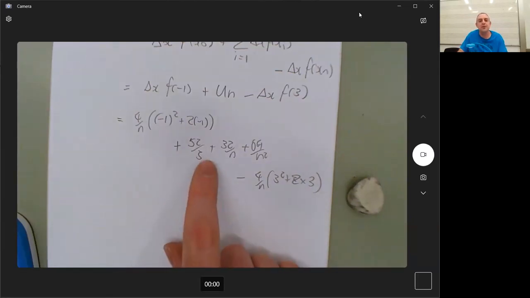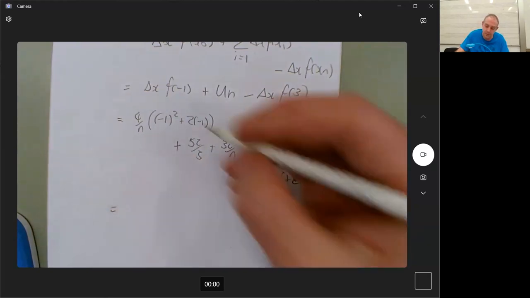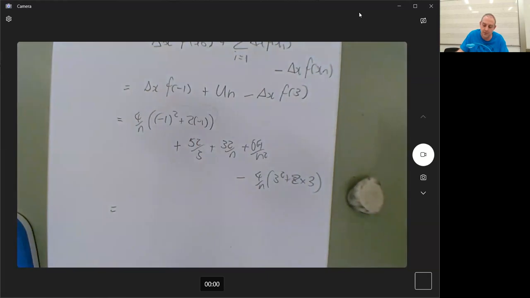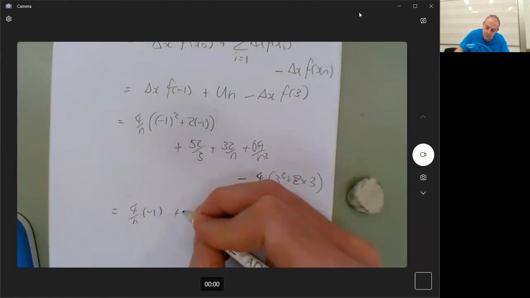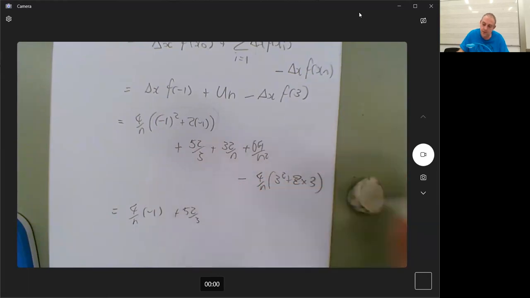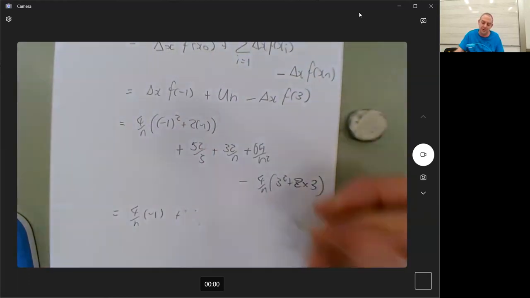And it's still going to be a 52 on 3 because everything else has an n on the bottom. So you could theoretically figure out what all this was. So maybe I should have kept Un until later when I figured this out. I'm just going to put the Un back.